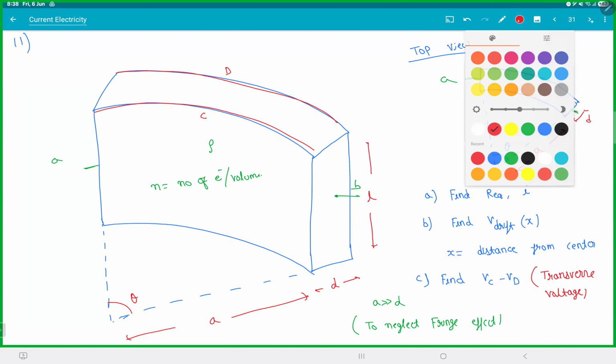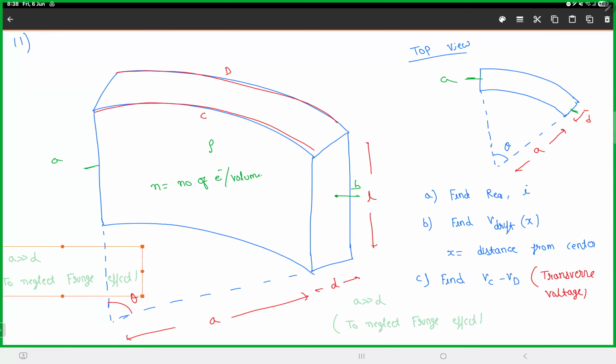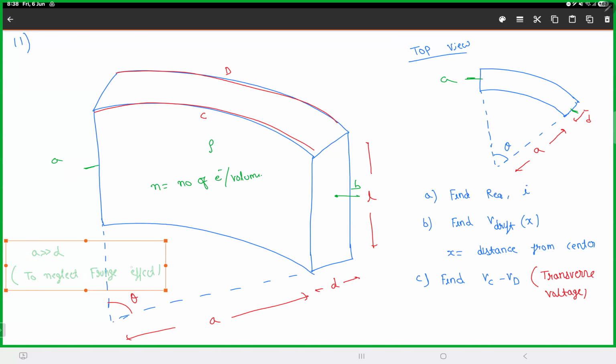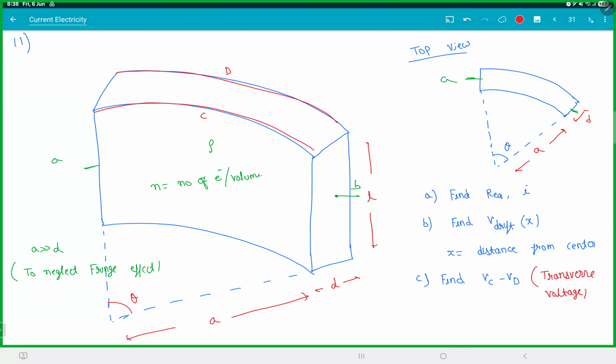But let's get the first two parts. This is the potential difference across the inner and the outer circumference. C is a good one.